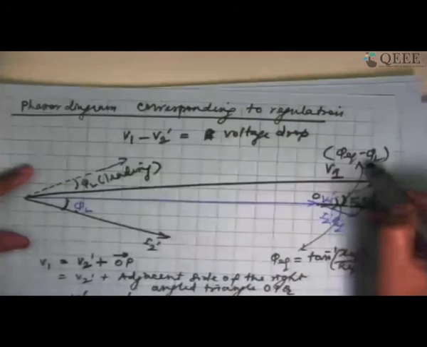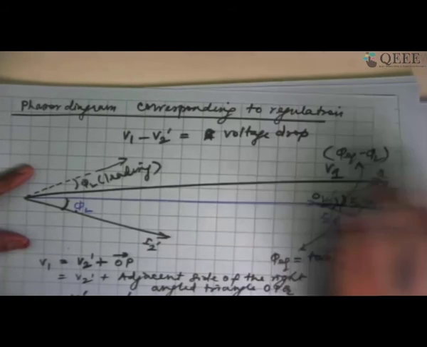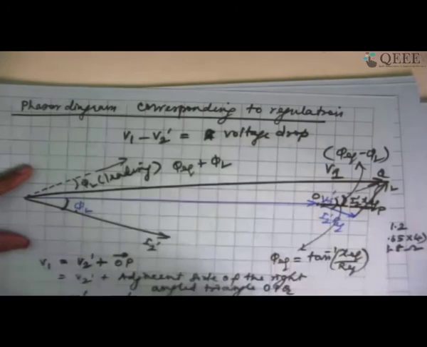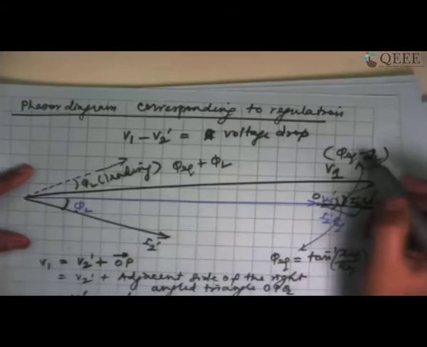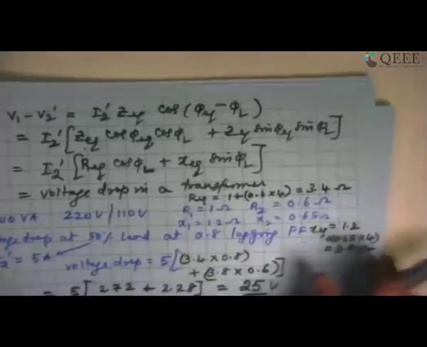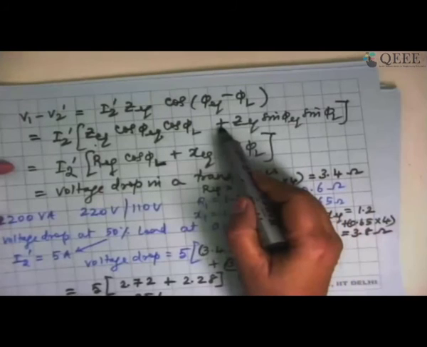In that case, this angle would have become phi equivalent plus phi L. So the sign of this angle changes between plus and minus depending on whether I have a lagging or leading power factor load.